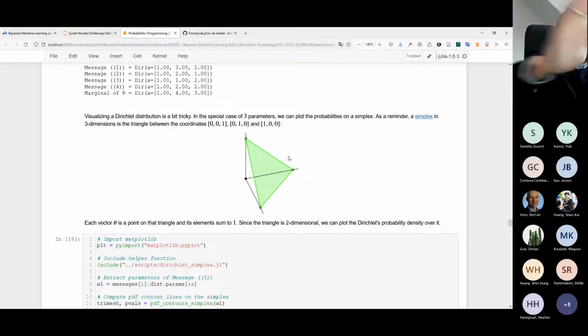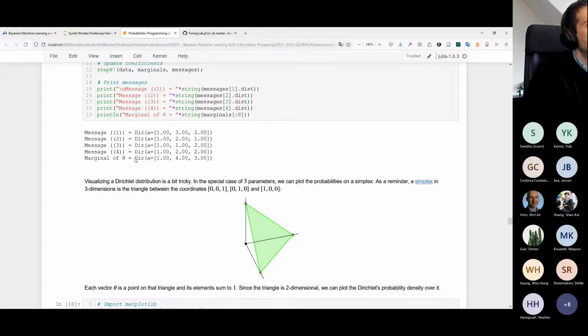It's a plane that cuts this three-dimensional coordinate system in a very specific way, namely that every point on this triangle, if you sum the values of the elements in that vector, you'll get the value 1. And so that's actually what we need.